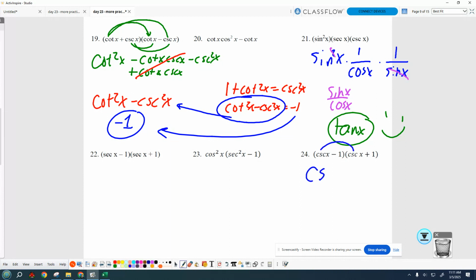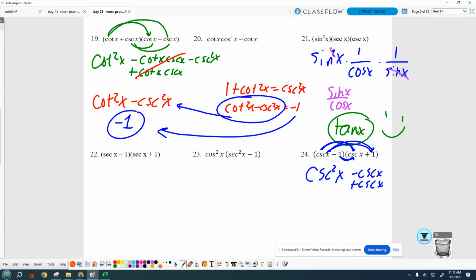Cosecant squared, negative cosecant, positive cosecant, those both cancel out. And anything else, or is it done? So, first times first, first times last.